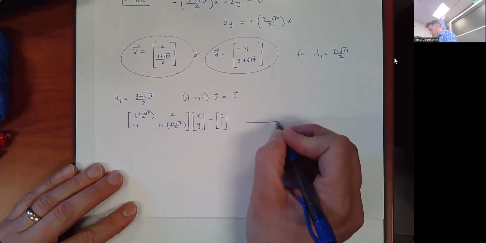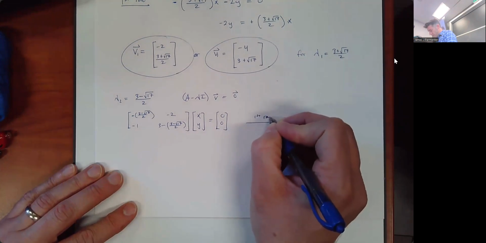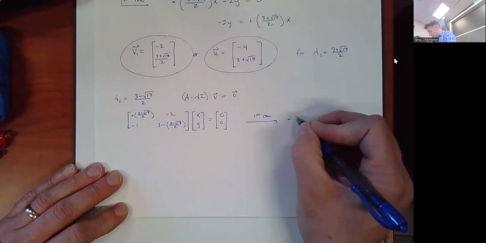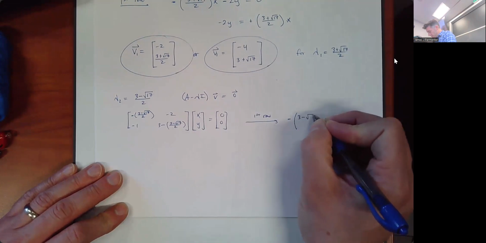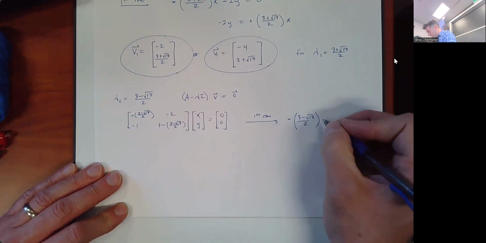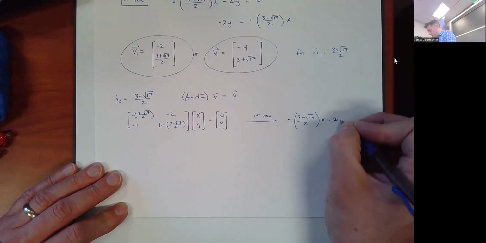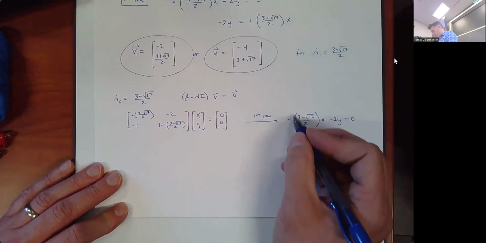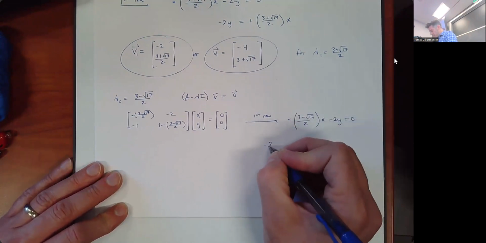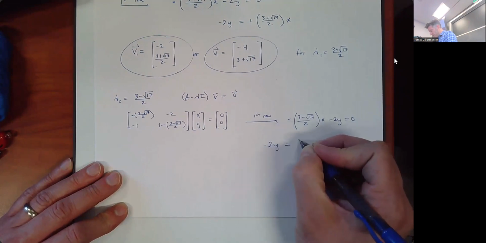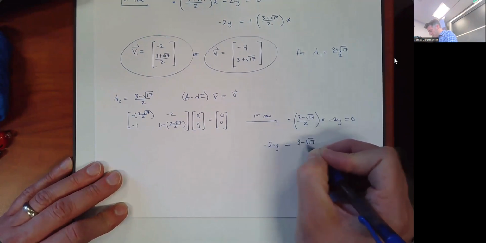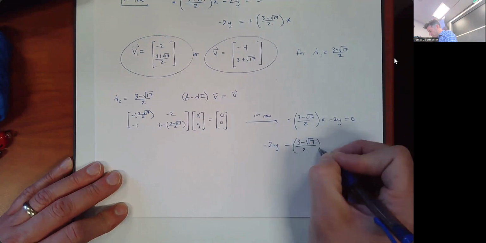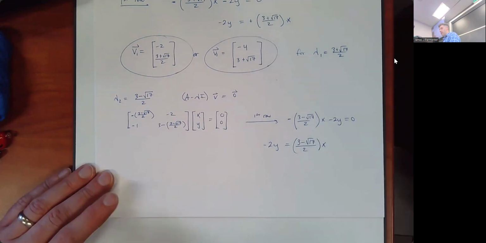So using the first row, we're going to get -3 minus root 17 over 2 times x minus 2y equal to 0. We're bringing all that over to the other side. -2y equal to positive 3 minus root 17 over 2 times x. So check this out.